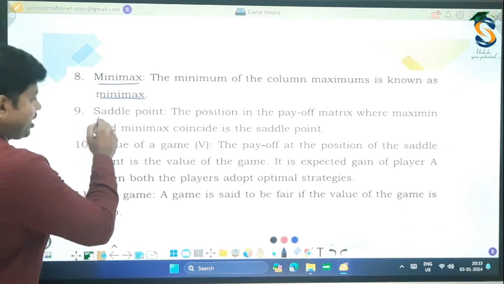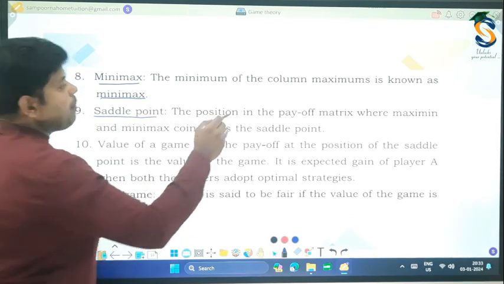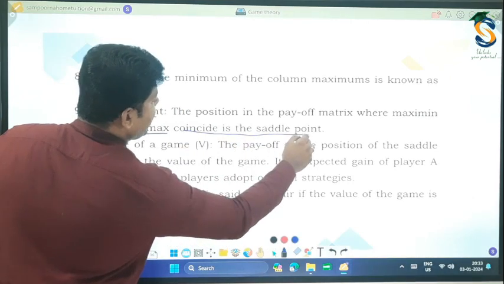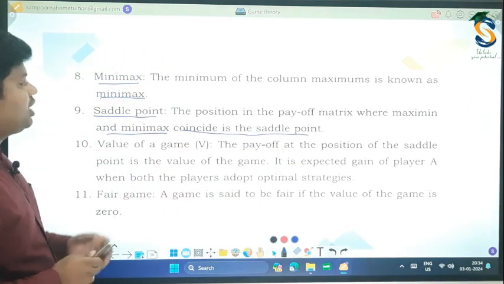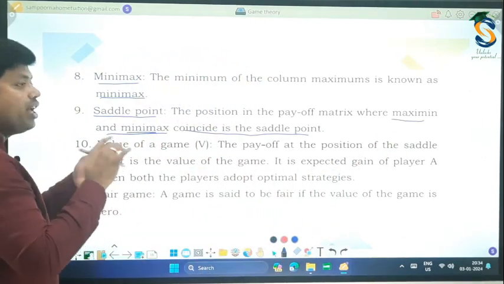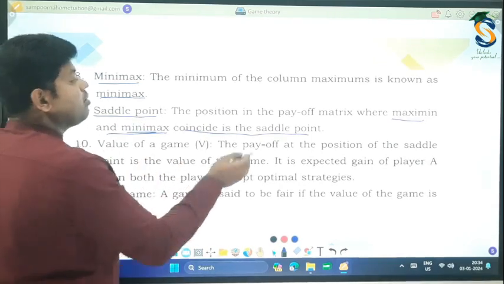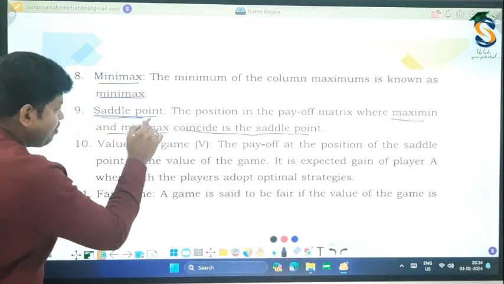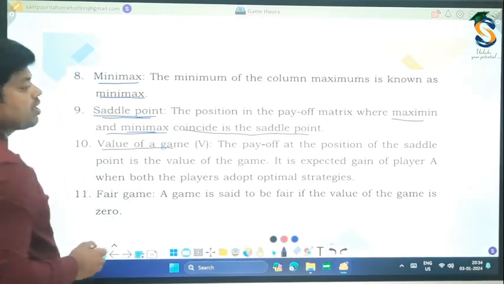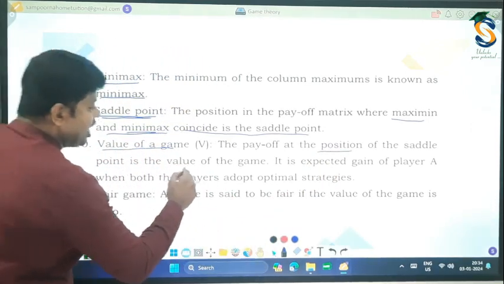Then what next? Saddle point. The position in the payoff matrix where maximin and minimax coincide is called the saddle point. It's very simple: maximin and minimax will be equal, and the point where both are equal is called the saddle point. Next, value of the game. The payoff at the position of the saddle point is the value of the game.